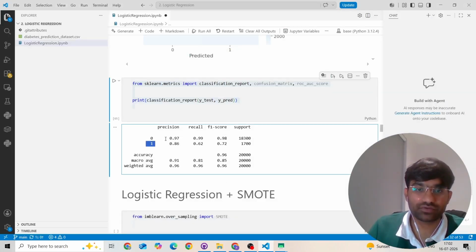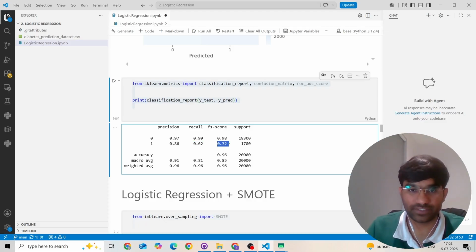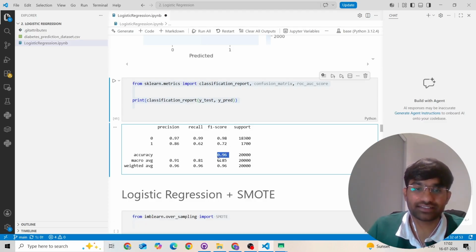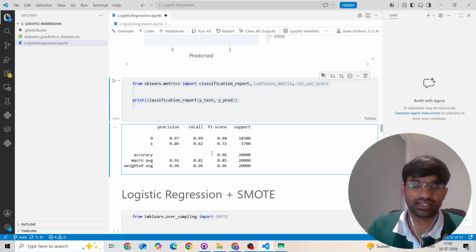The precision score is 0.86. Okay, the precision score is good. And the recall score is 0.62, that means 62% accurate. And the F1 score is 72%. And the overall accuracy of the model is 96%. Okay. This is the logistic regression model with the imbalanced data set.